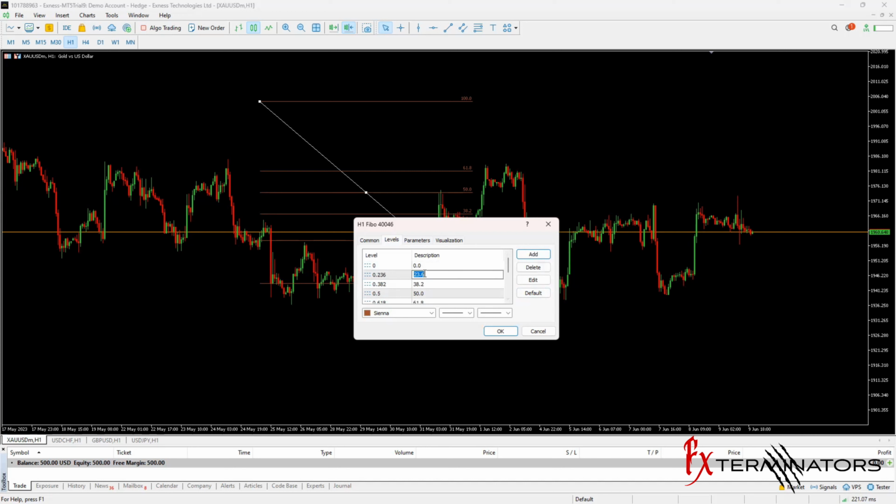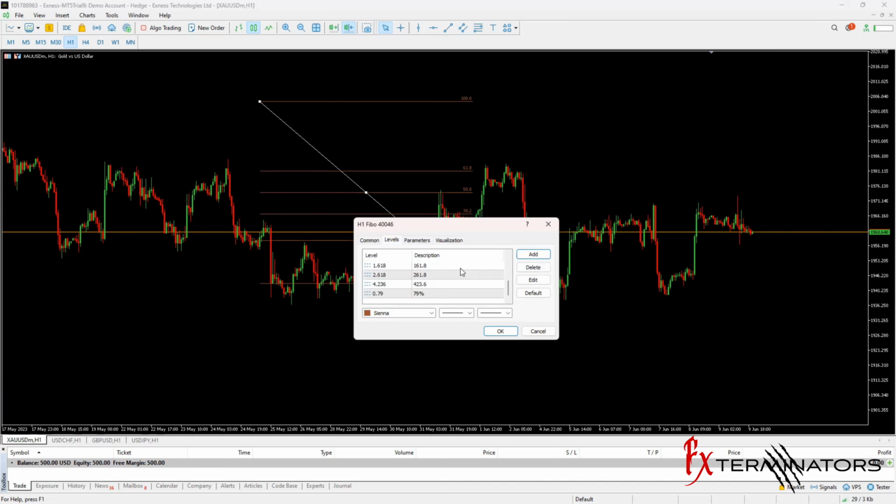Let's start with 0.236; the description is 24%. Here we have 38%, then 50%. I'm not changing the levels, just the descriptions.